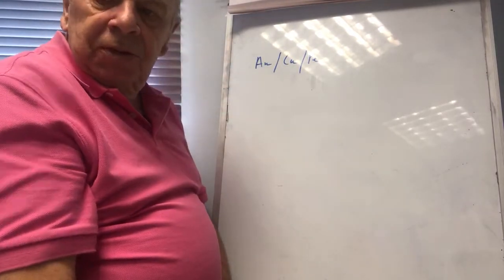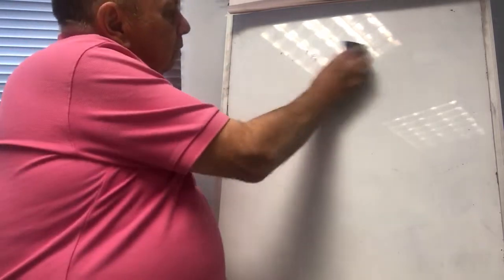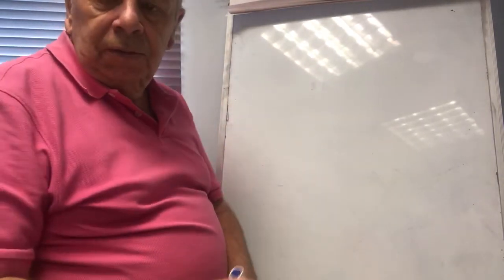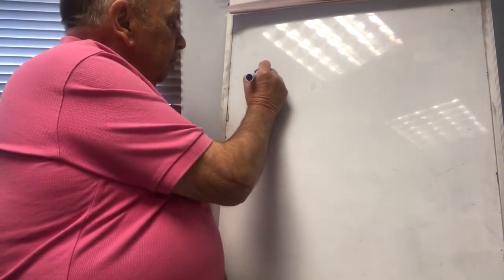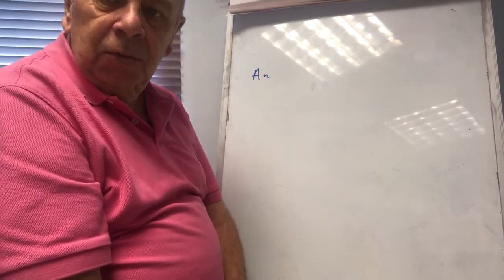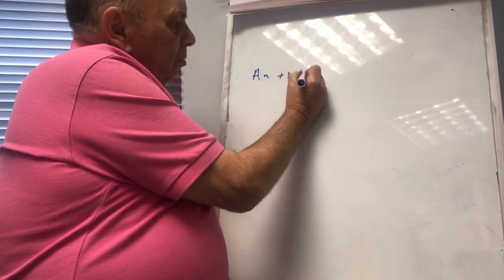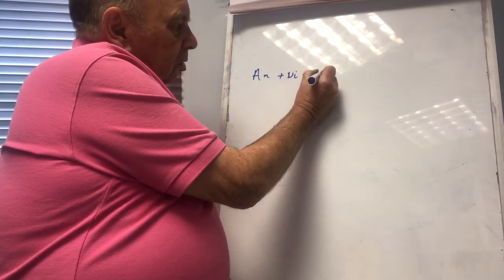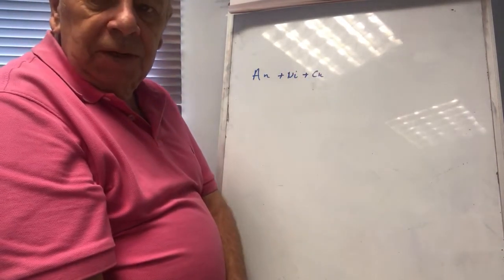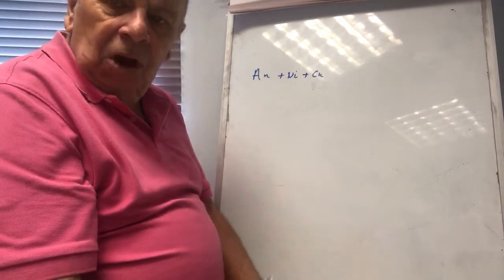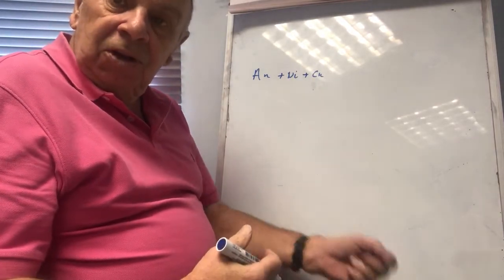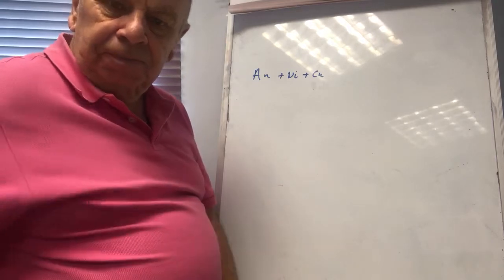Let's look at some of these alloys. Gold is extremely soft, so they mix it with a bit of nickel and copper, which makes it tougher and harder, and then it can be used for different things.